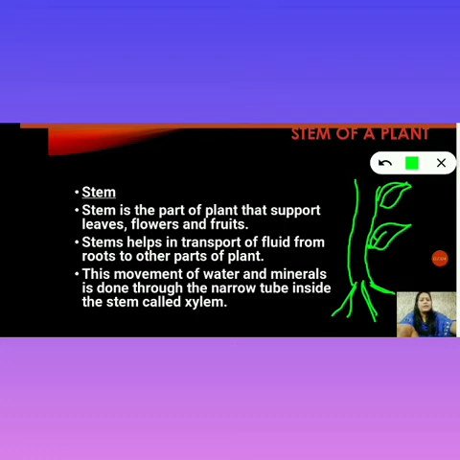This means that since the stem has roots at the base, the roots absorb the water and minerals from the soil, then the roots transfer this fluid to the stem, and the stem helps in transporting this fluid to the different parts of the plant. Now let's see how it does.